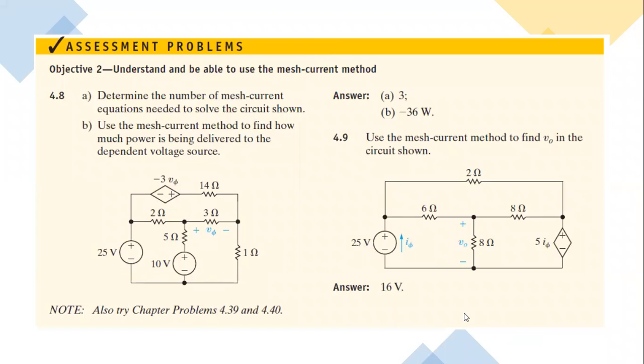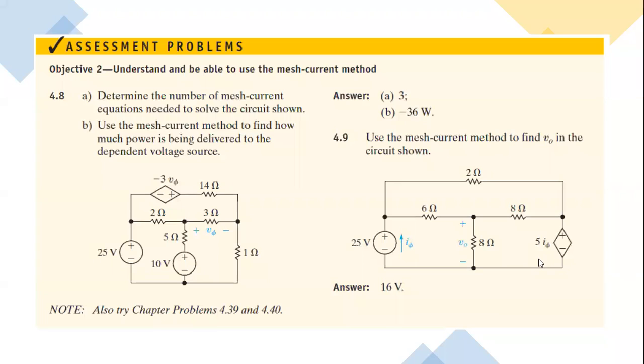So how many meshes in this circuit? 3. Is it planar? Yes. Okay, then we need to assign 3 currents. So we can assign this one and this one and this one. So 3 currents. So you need to write the 3 KVL equations as in the previous circuit.